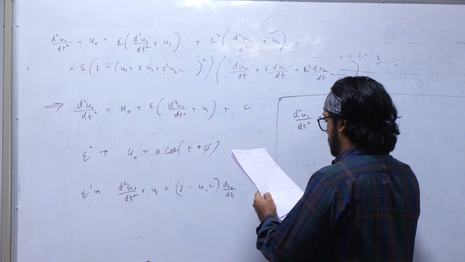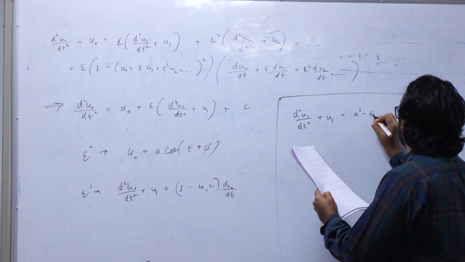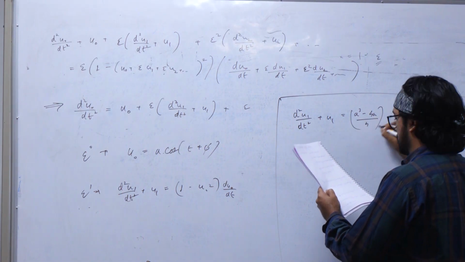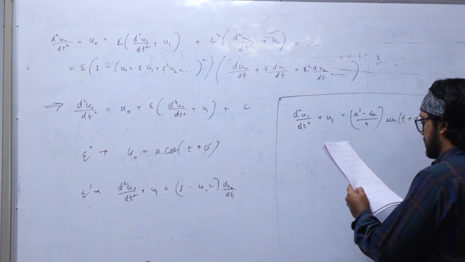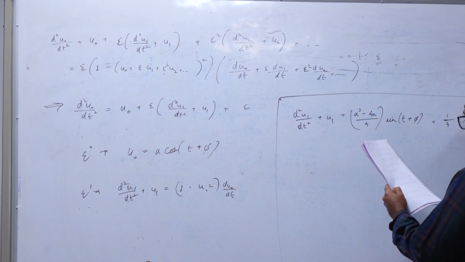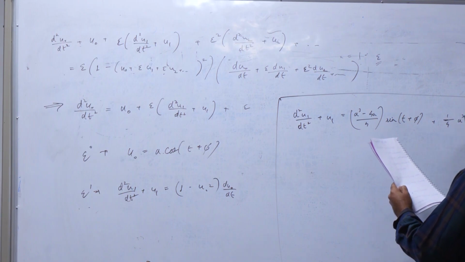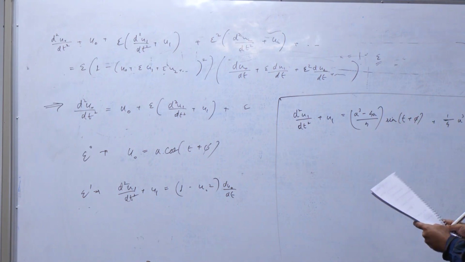So you have u1 equals a cube minus 4a by 4 sine t plus phi plus 1 by 4 a cube sine t plus phi. This is after performing trigonometric manipulations using identities.